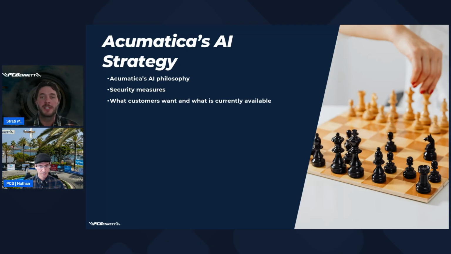So when it comes to AI Studio, you're going to be able to mask that information when building a prompt within Acumatica. You then send that prompt with the masked data to something like a ChatGPT, like a Claude, or any other LLM that you're able to integrate with. With the data masked, that LLM doesn't see what the masked data is. It only sees that it is masked content, frankly.